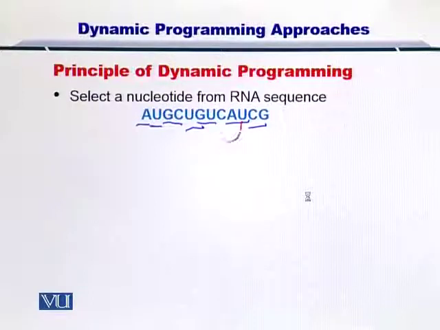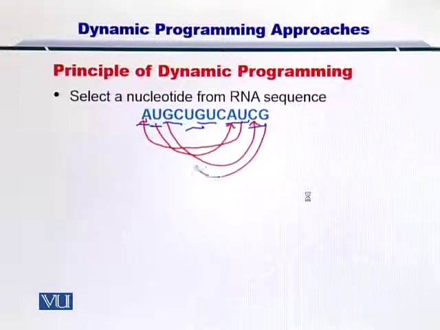This U can also bind with this A. Similarly, there can be a hydrogen bond that is formed between these 2 nucleotides. More so, this G can also form a bond with this C, or this G can make a bond with this C, and so on and so forth.